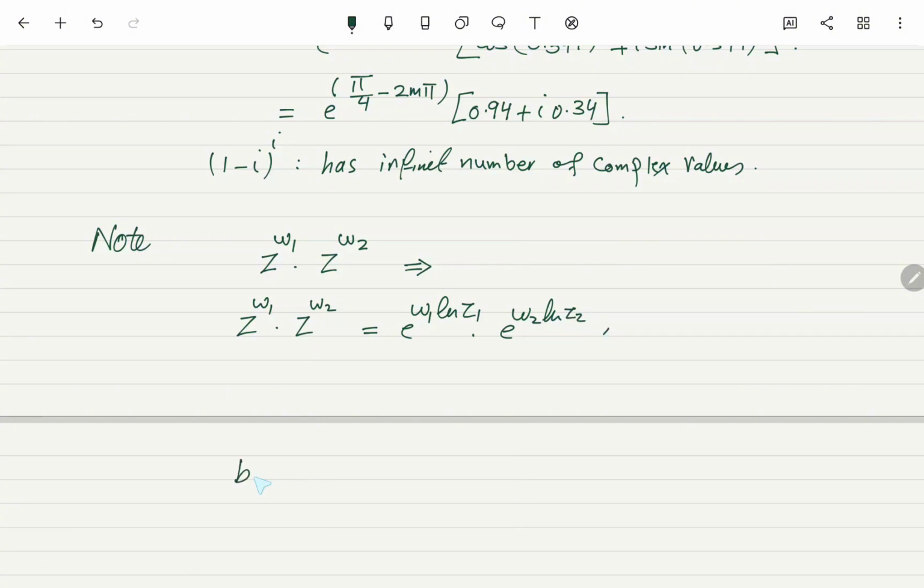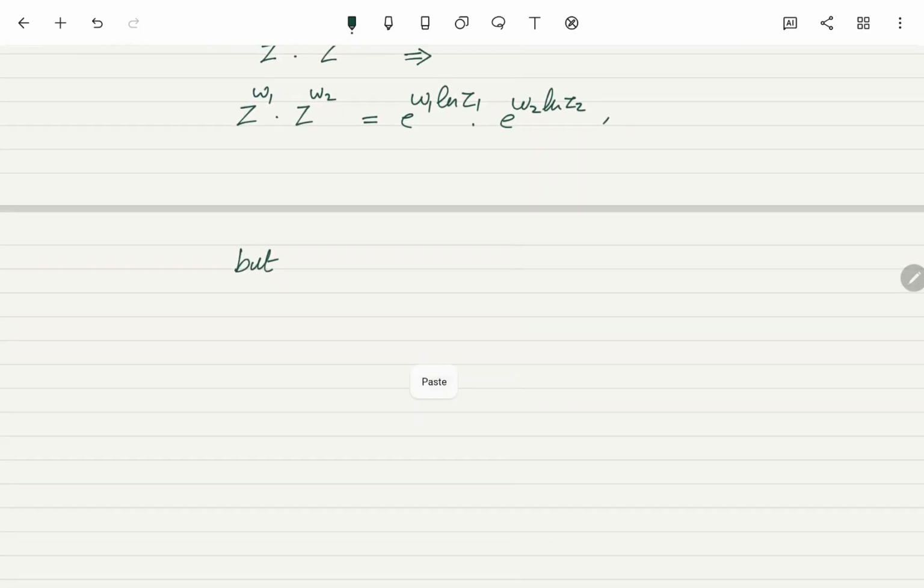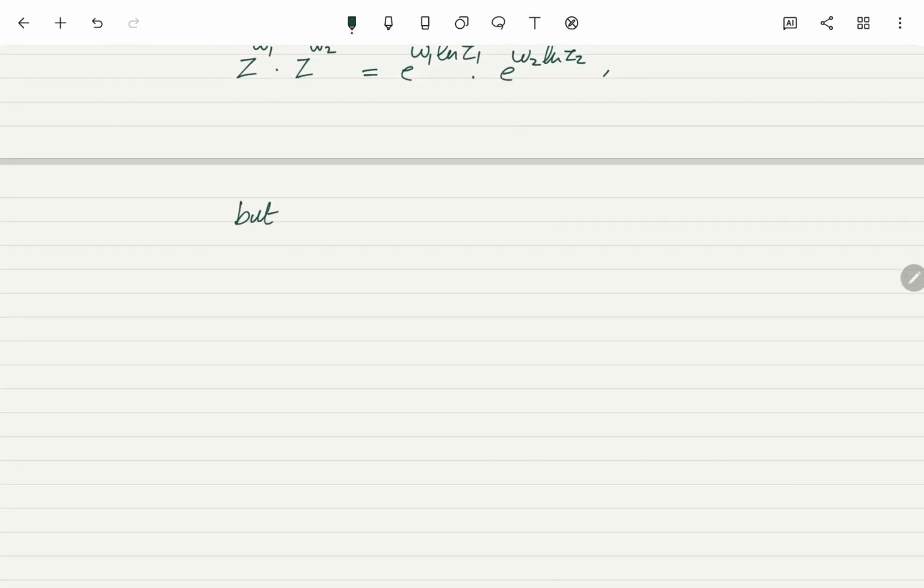But ln z equals ln r plus i theta plus 2m pi.